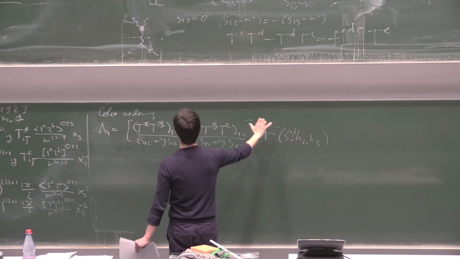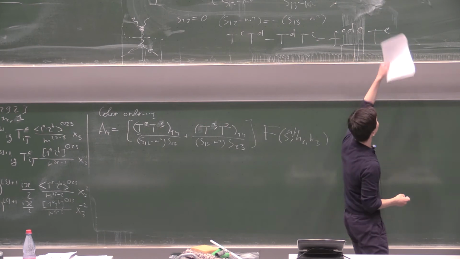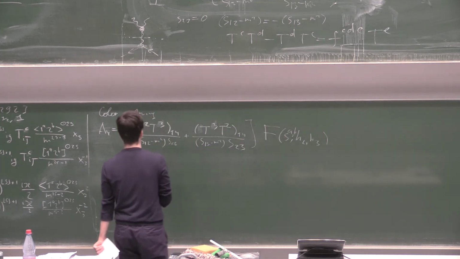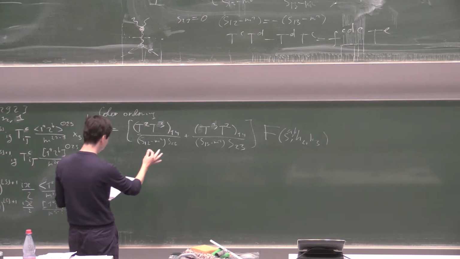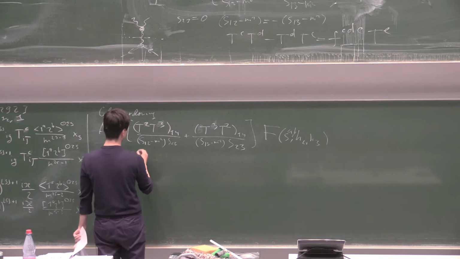But that factor is the same for everything else. It works just the same way for the all plus amplitude if you just shove in S23 inside. So just this form works for both of them, can be color ordered.